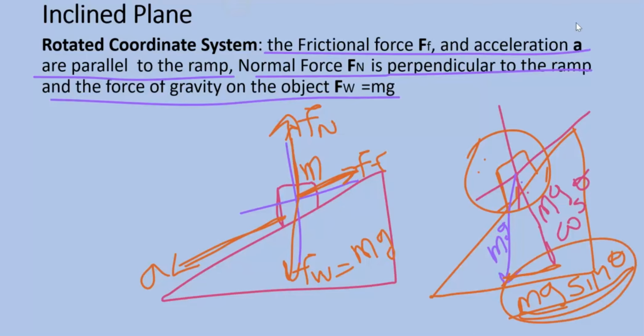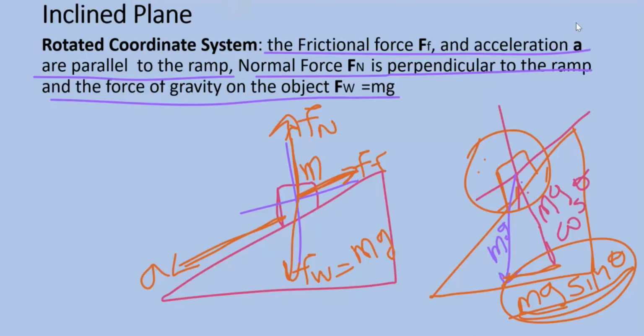Okay. So for clear understanding, in the rotated coordinate system, the normal force is perpendicular to the ramp. The frictional force and the acceleration are parallel to the ramp. The force of gravity on the object is the weight, W = mg, and the weight has two components: mg cos theta and mg sin theta.